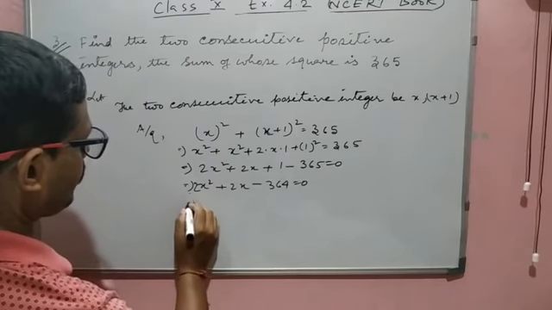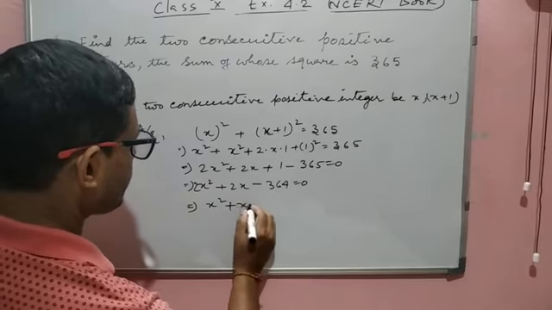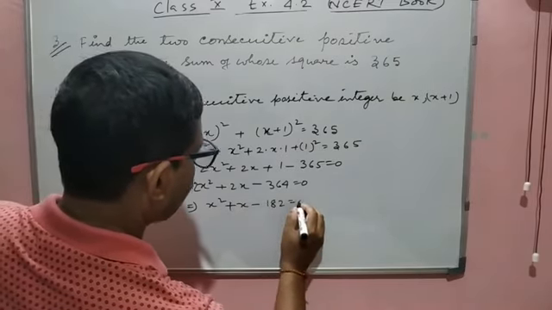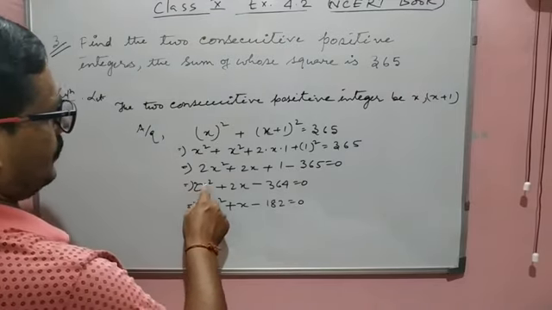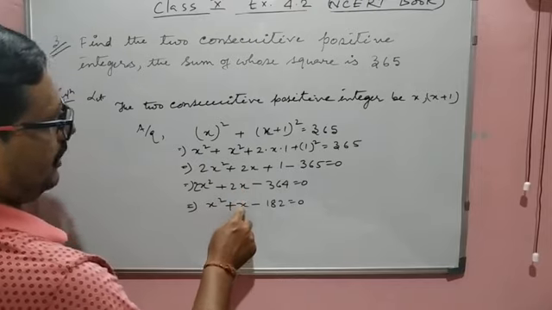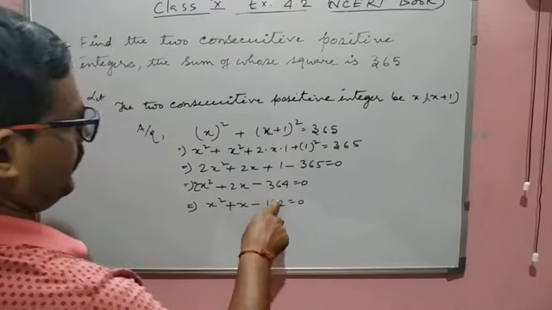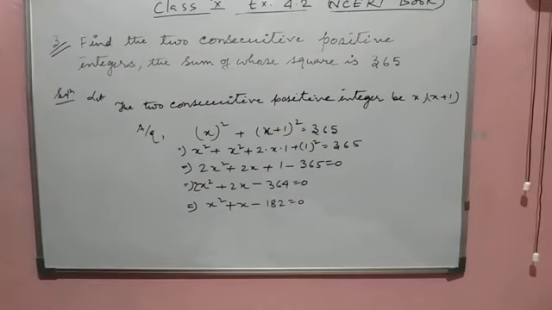Now divide this equation by 2. It will be x square plus x minus 182 equal to 0. Now again we have to do middle term factorization.